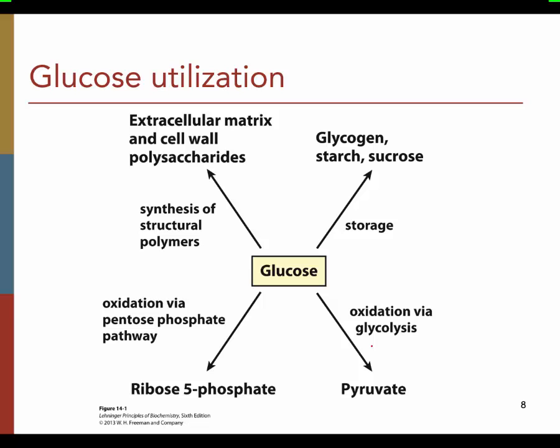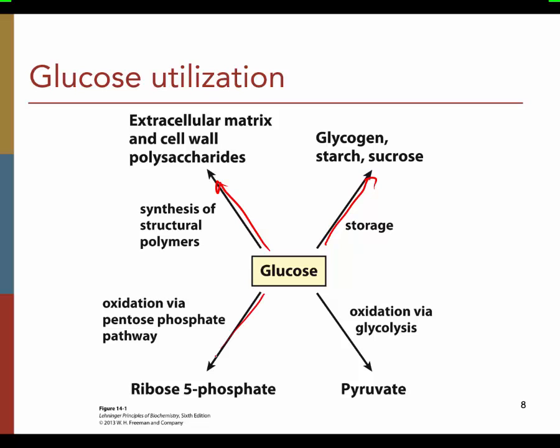Okay, so here we're going to get to what glucose does. So we talked about how if we had glucose, we could store it as glycogen. Depending on what kind of organism you are, you could make polysaccharide of your cell wall. You could make the extracellular matrix. So glucose monomers are used for that as well.